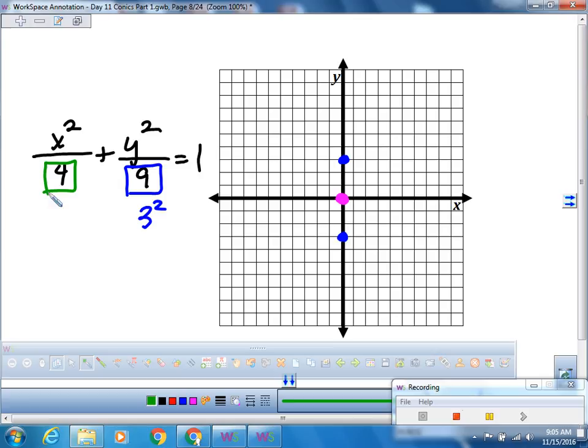Students, for some reason, I don't know why, will forget that this is 2 squared instead of 4, and they're going to go out 4. But that is going to be the number 1 error, I guarantee you. I know because I've taught it many times. It's 2. You're only going out 2.